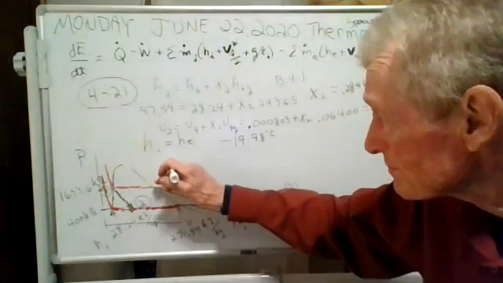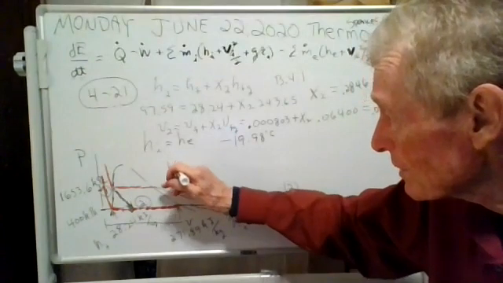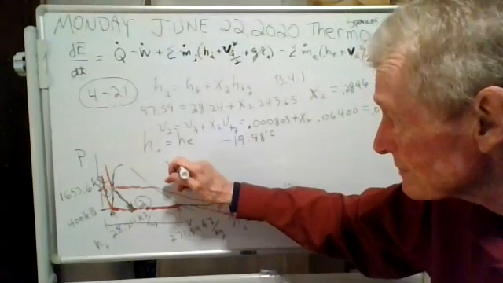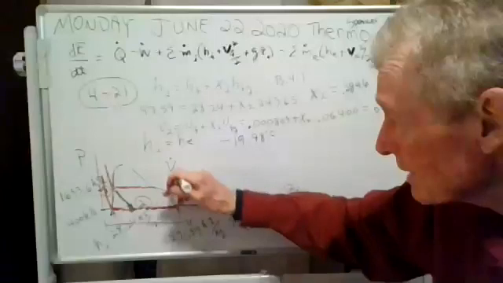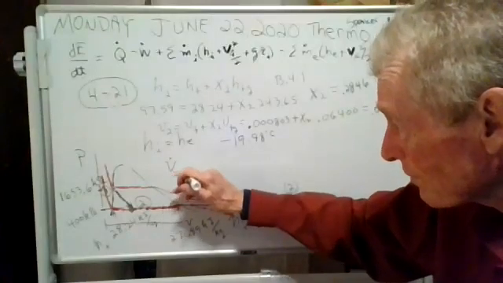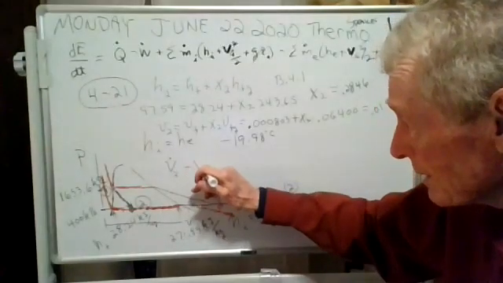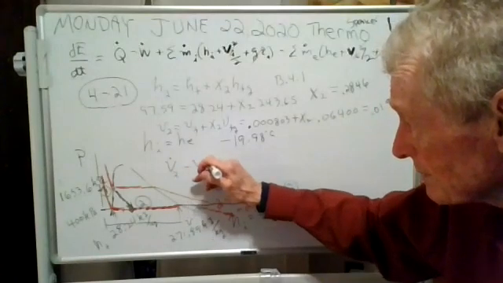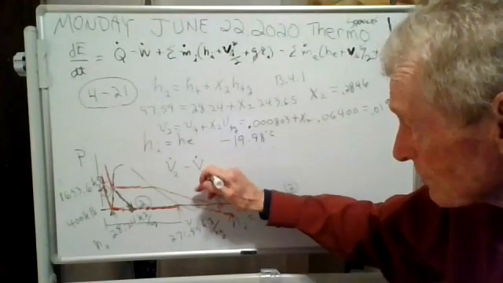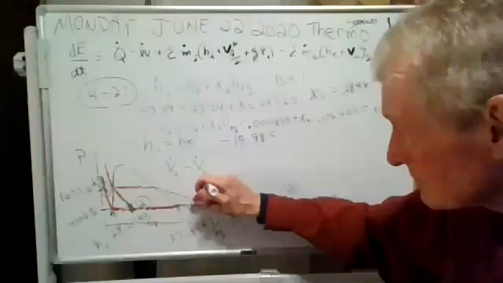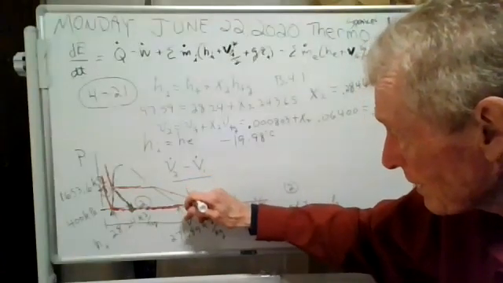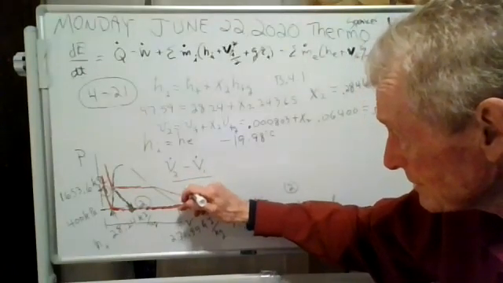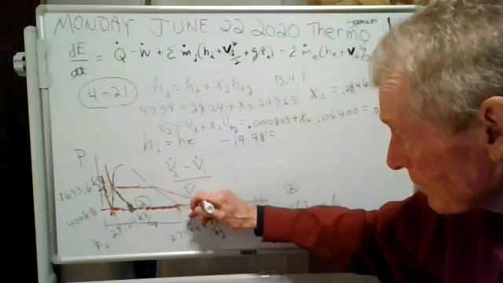Here's what they want. They want us to take the final volume flow rate and subtract the initial volume flow rate and divide by the initial volume flow rate.